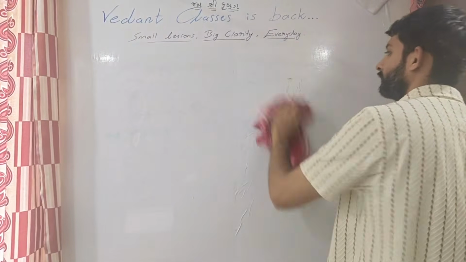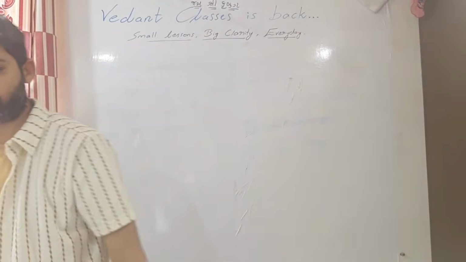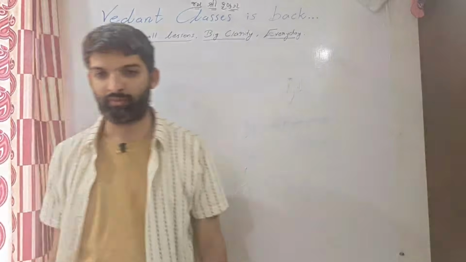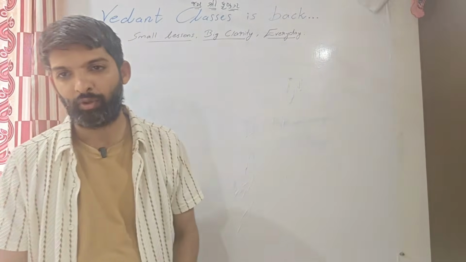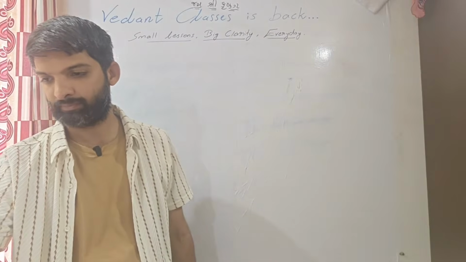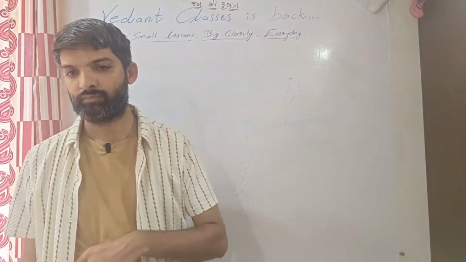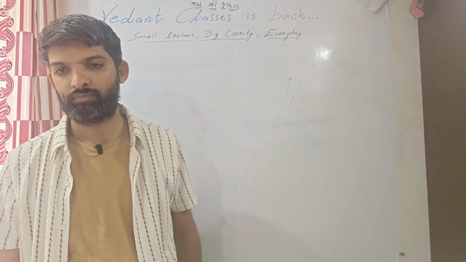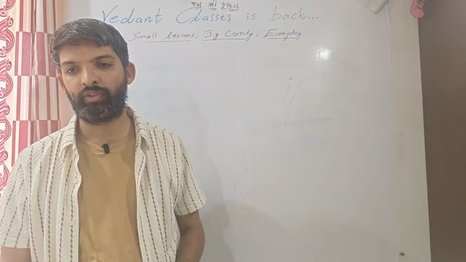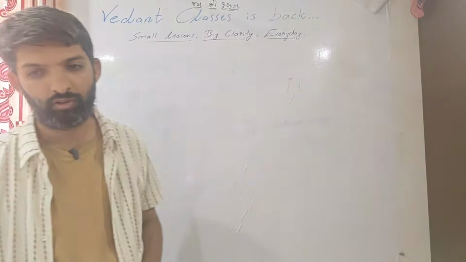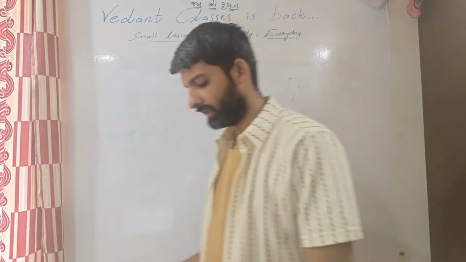Which substance is used for whitewashing the walls? You can directly answer. I don't need to write. Very good. Calcium oxide is used for whitewashing the wall. Okay, it's the right answer.